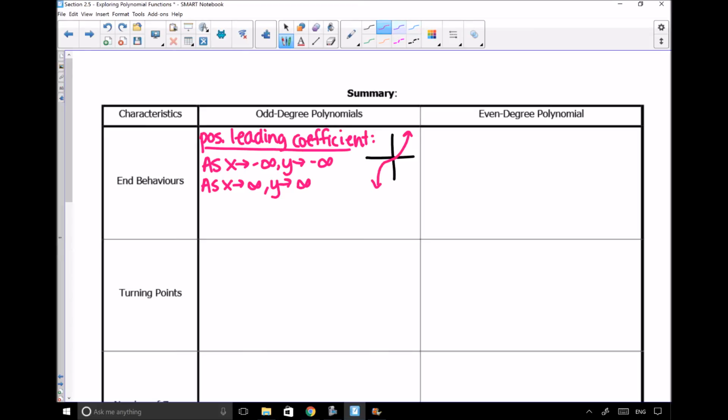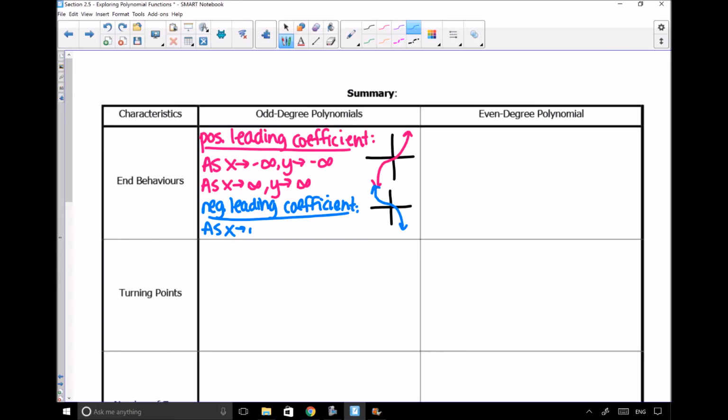Well, what happens if we have a negative leading coefficient? Let's go ahead and take a look and see. Right here, so as x approaches, well, first of all, let's look and see what our graph is going to look like. So remember, it's going to go in the opposite direction like this right here.